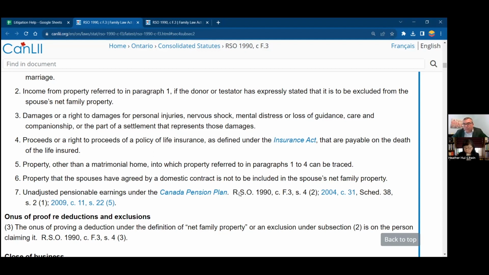We don't usually even put it into our financial statements at all, which is actually kind of an interesting anomaly. But if I were to click under Canada Pension Plan, there is a whole section about dividing pension credits. Maybe that could be another video. But the point, though, is that it's separate. It's not part of our calculation that's going to be included in your financial statement.